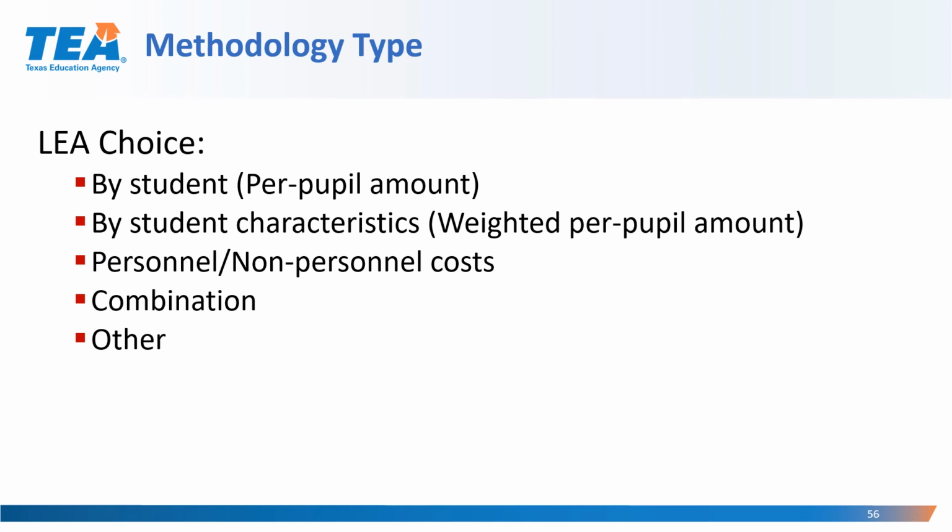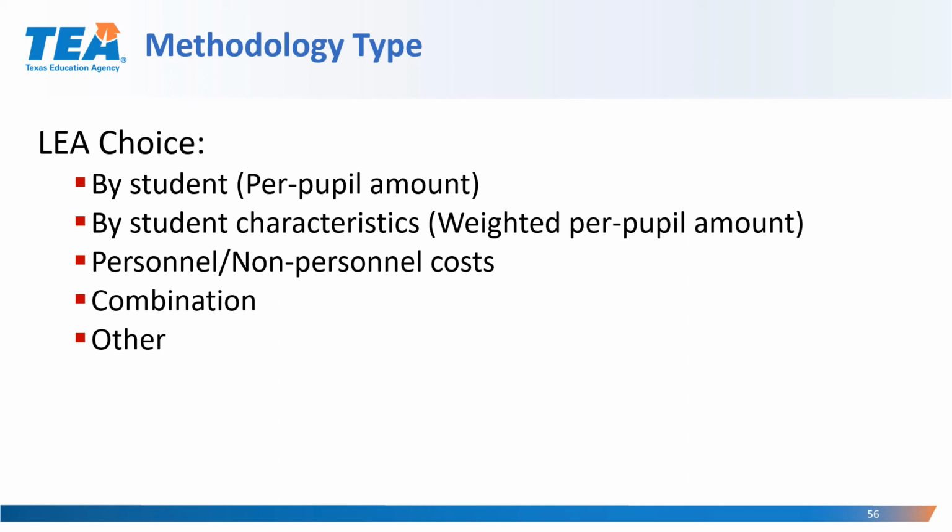In terms of the methodology type, the LEA has several choices. The LEA could choose to have its methodology done by student, which would be basically a per pupil amount. It could establish a weighted per pupil amount based on student characteristics.